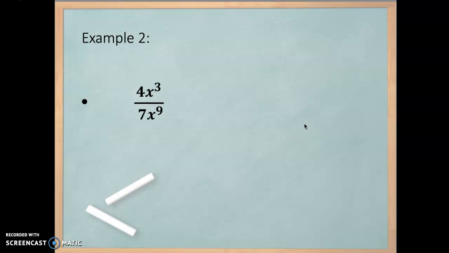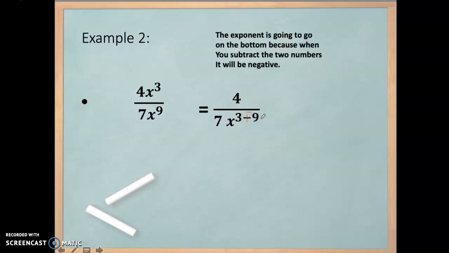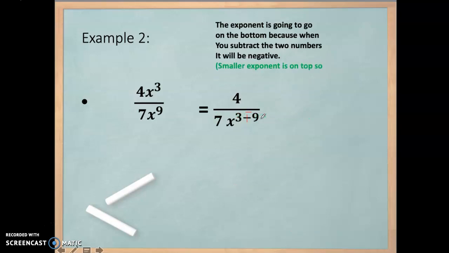Here's the second example. Please write this in your notebook. I'll give you a second. Notice the number 4 over 7 cannot be reduced. It cannot be divided, so that will come out. But notice, 3 minus 9. If I do keep, flip, change, I can see this is a positive and a negative number, which means I'm going to subtract and keep the sign of the larger number.